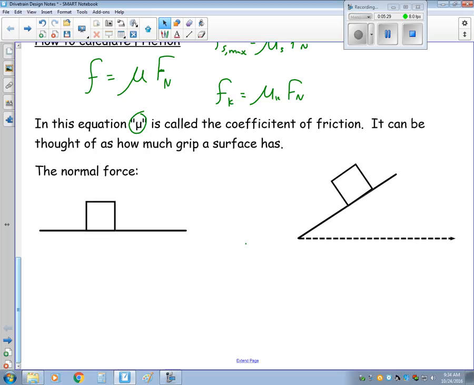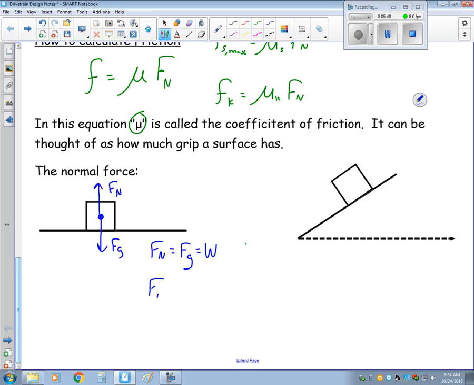Looking at a couple of diagrams, for a box on a nice horizontal surface, the normal force will equal the gravitational force, or how much the object weighs. So the normal force would be mass times g.